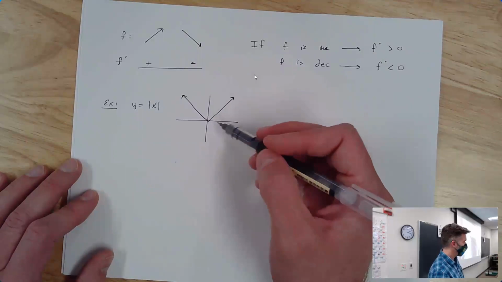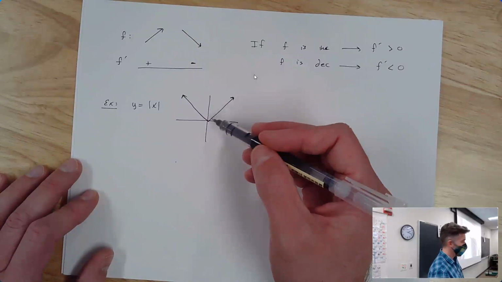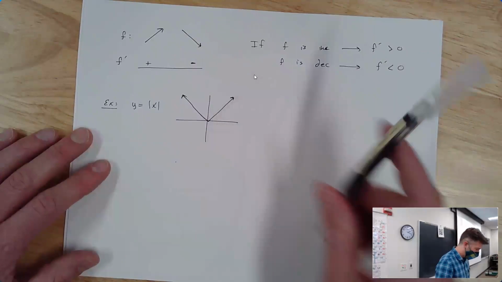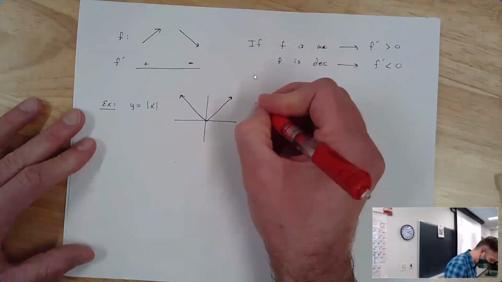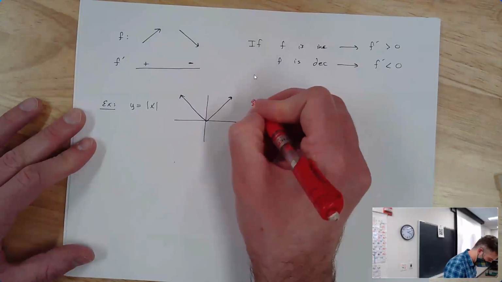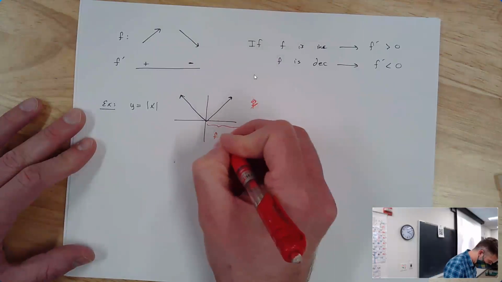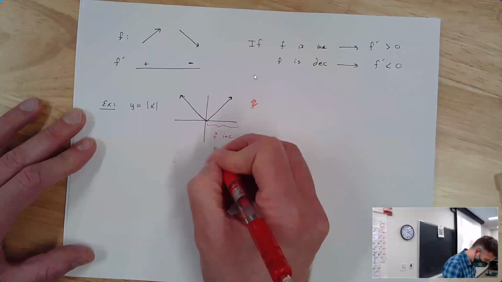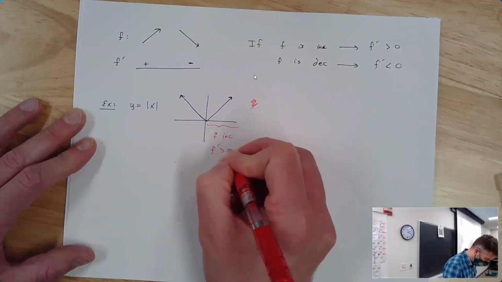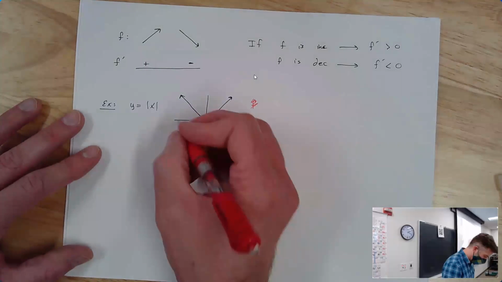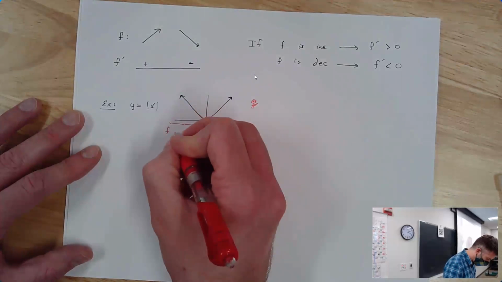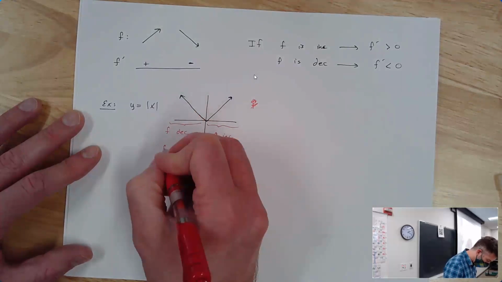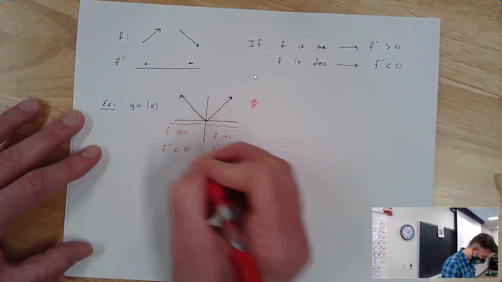Is the derivative positive or negative? In fact, it's always positive 1. So over here, f is definitely increasing. The derivative is definitely greater than 0. It's actually equal to 1. Over here, the function is certainly decreasing. The derivative is certainly negative. It's negative 1.